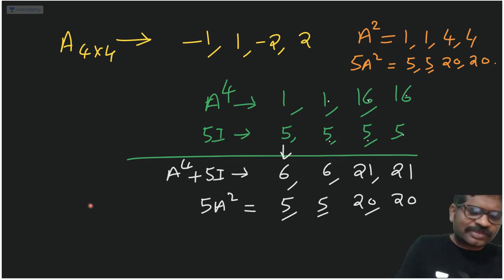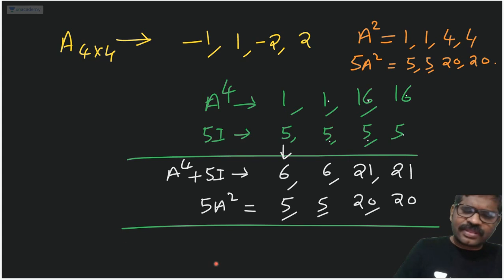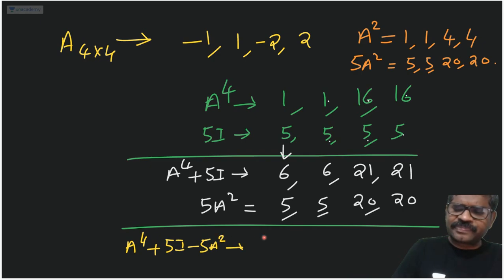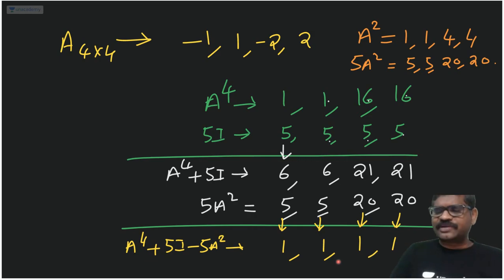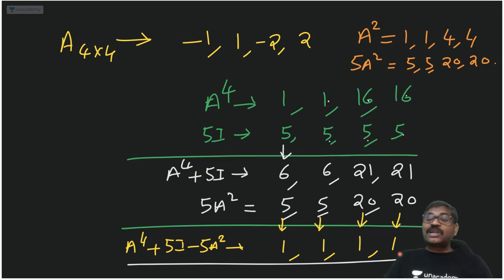Now subtract. Eigenvalues of A power 4 plus 5I minus 5A square are 6 minus 5 is 1, 6 minus 5 is 1, 21 minus 20 is 1, 21 minus 20 is 1. So eigenvalues of B are 1, 1, 1, 1.